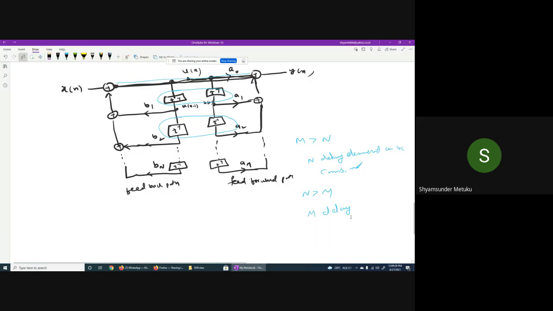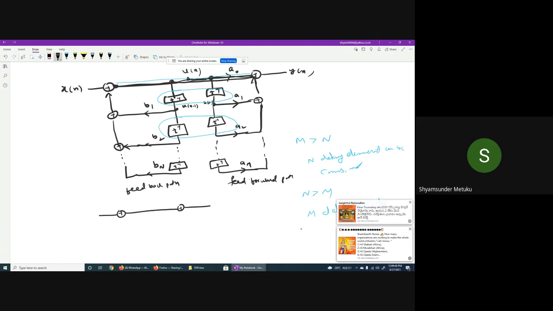So delay elements. Now let me redraw the same circuit. I will draw it little so that both can be seen together. This is plus. This is one more plus. This is x of n.